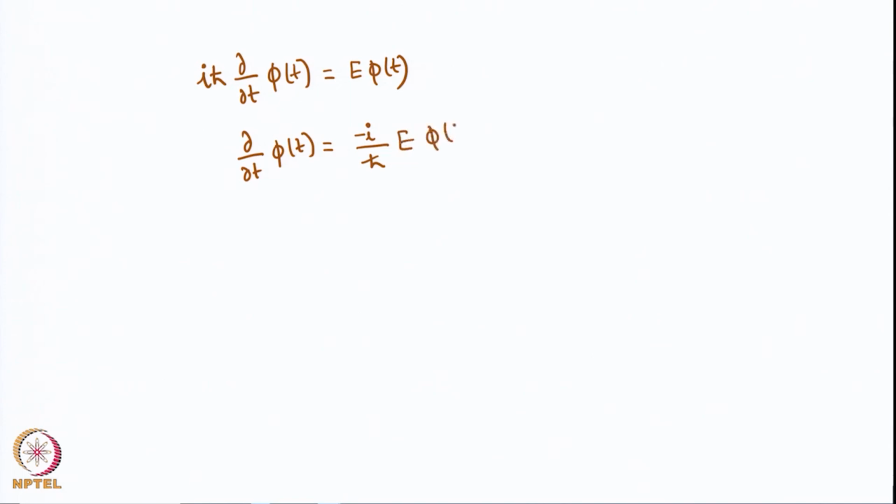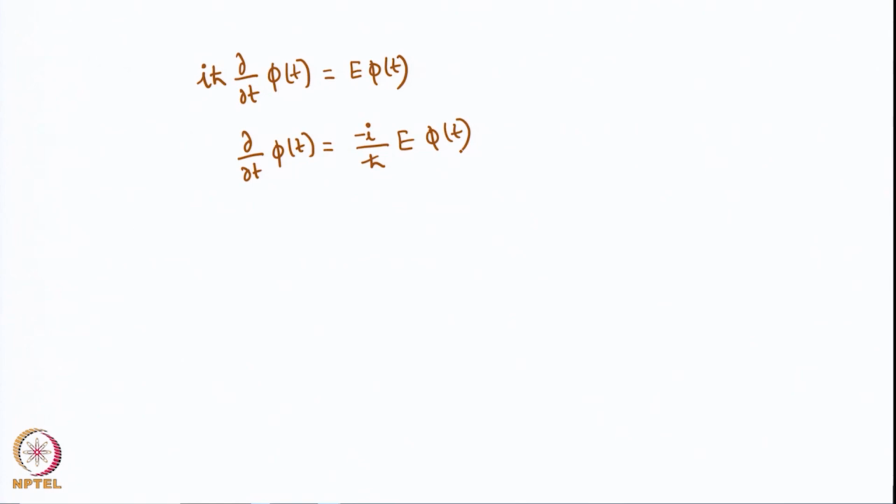Now, in the time dependent equation what you have is iħ d by dt of phi of t is equal to E phi of t. So, if I slightly rewrite this, d by dt of phi of t equals, when I go to the other side i becomes minus i. So, minus iħ will go to the denominator, E phi of t.